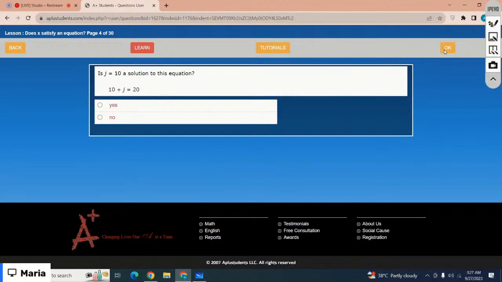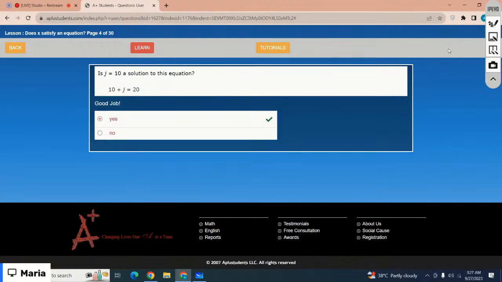Okay, the next one is j equals 10 a solution of this equation? So which is the correct option, yes or no? The correct option is yes, right? If you replace j with the value, 10 plus 10 makes 20. The correct option is yes.